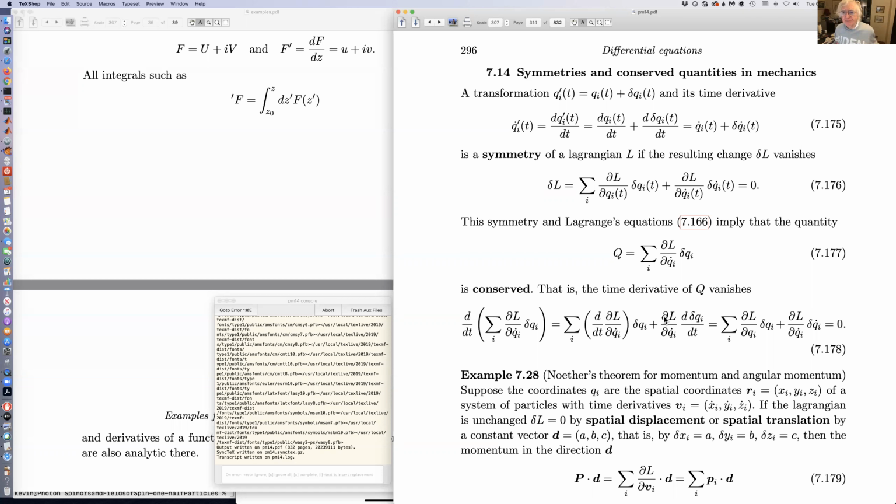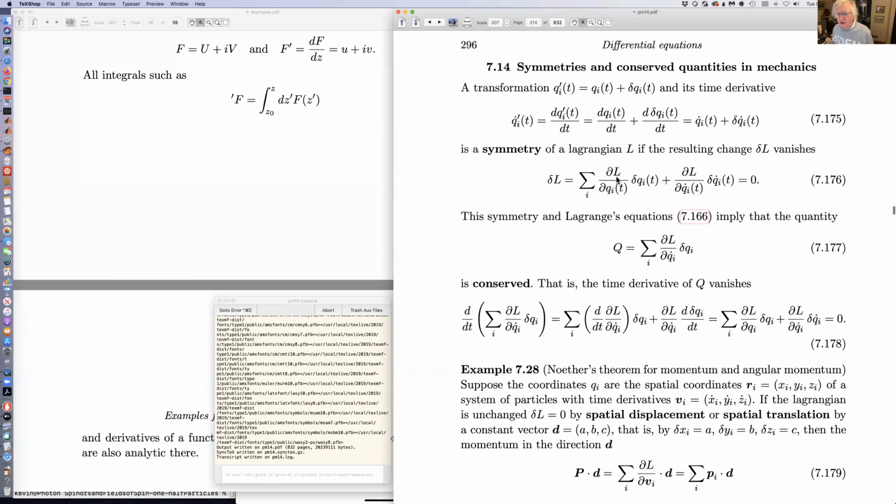So to see this, let's consider a small change in the coordinates, which means that we have a small change in the velocities. We call this a symmetry if there's no change in the Lagrangian. So partial L partial qi dqi plus partial L partial qi dot dqi dot equals 0.